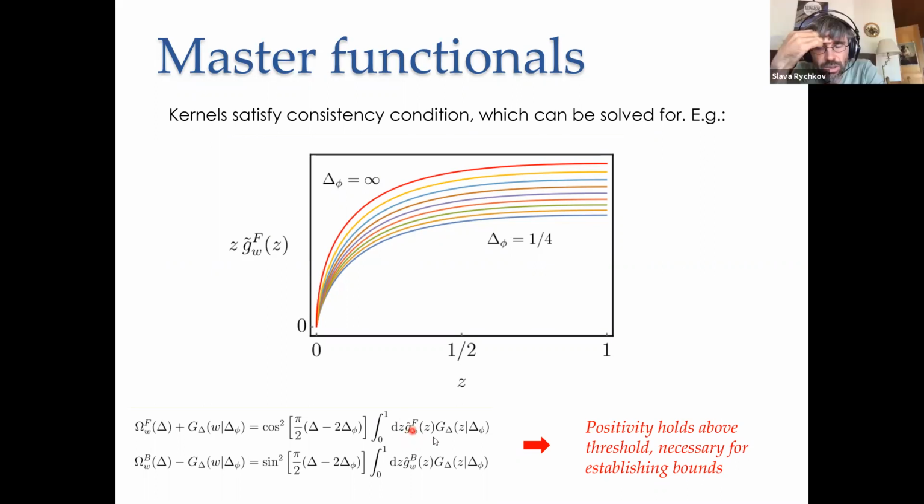But I still have to do the integral. So which integral is easier, the old one for alpha n or this one for GW? Let me think. Right now, I'd say that this is more underdeveloped, because for general delta phi, I cannot write down this guy in closed form.